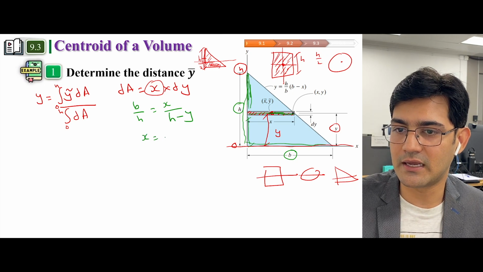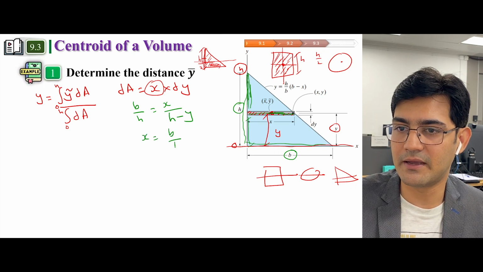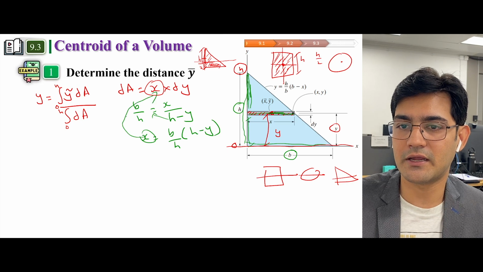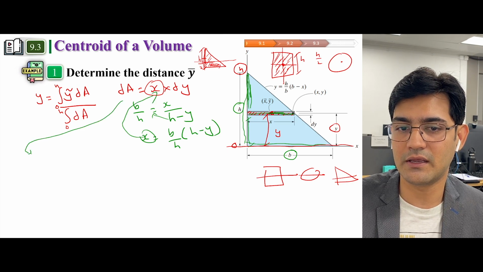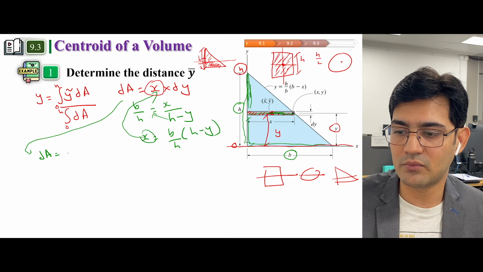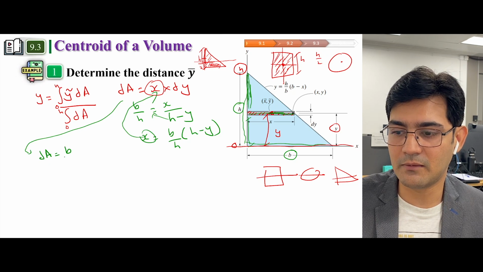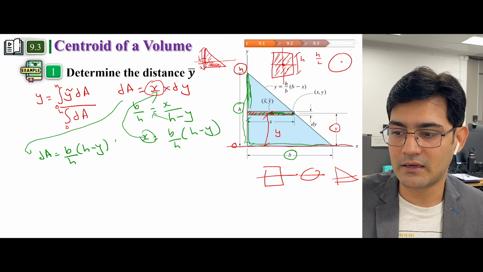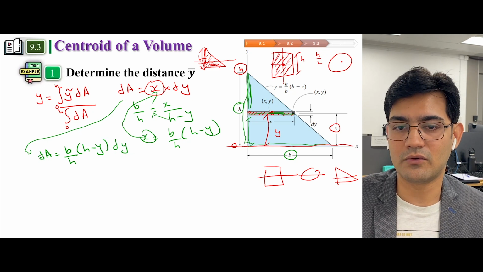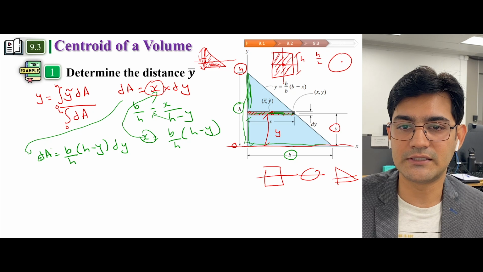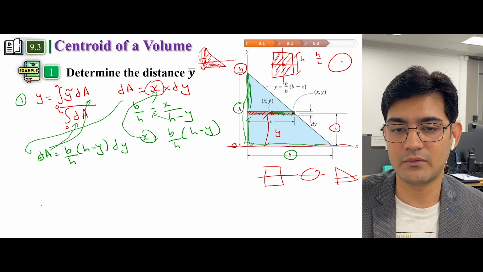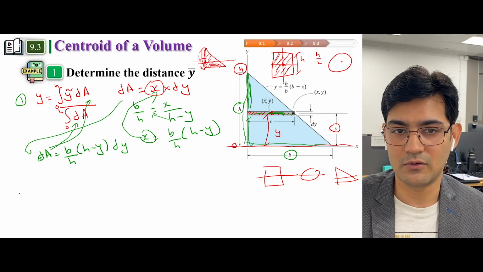So from here you can calculate x, which would be equal to b by h times (h minus y). You put this here and you can calculate dA, and dA would then be equal to b by h times (h minus y) dy. Now we have calculated this dA, we can put it in the equation and calculate this y.